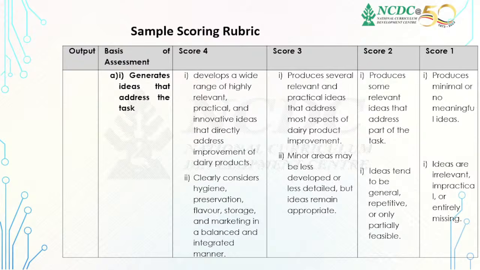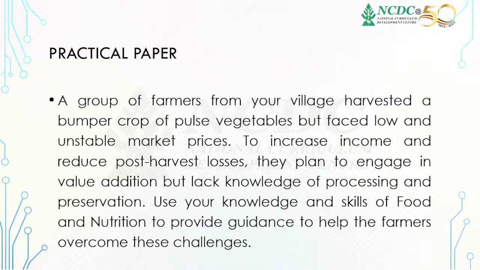So that is for the theory paper. I want us to look at the practical paper briefly. This is a sample. A group of farmers from your village harvested a bumper crop of pulse vegetables, but faced low and unstable market prices. To increase income and reduce post-harvest losses, they plan to engage in value addition, but lack knowledge on processing and preservation.